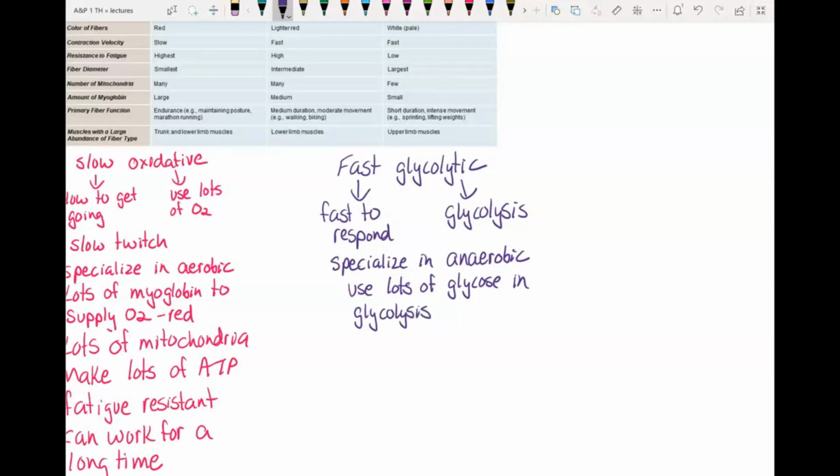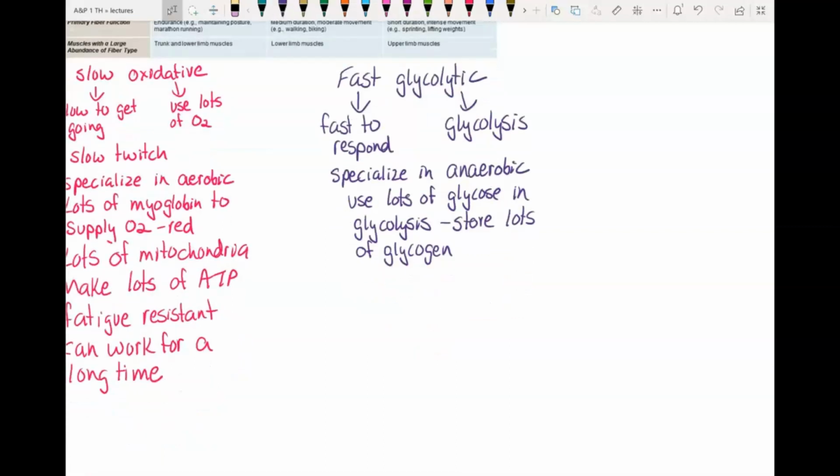So this means that they need a lot of glycogen. And since they're only doing glycolysis, that doesn't use oxygen. So they have a very low oxygen use.